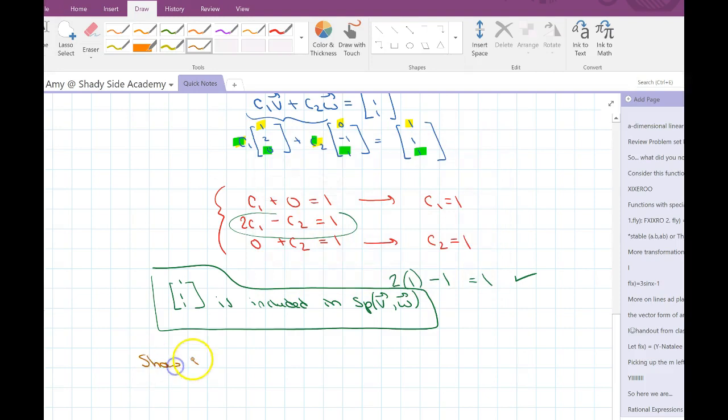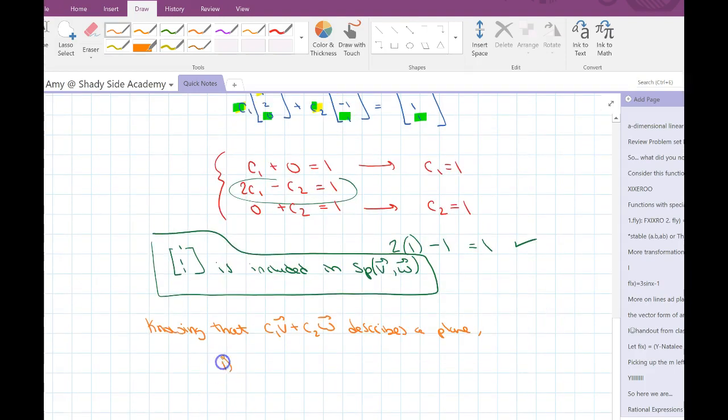Oh, sorry. No. Let me rephrase. Knowing that C1 times V plus C2 times W describes a plane, part A, find the equation of that plane.